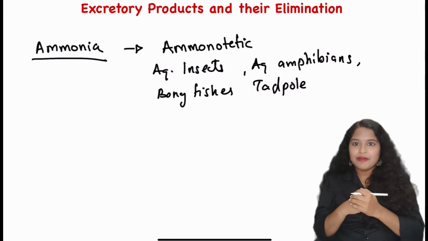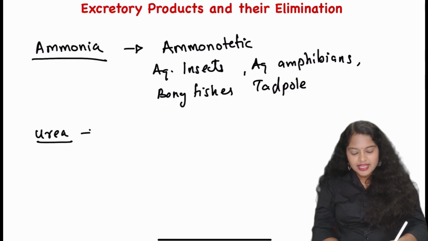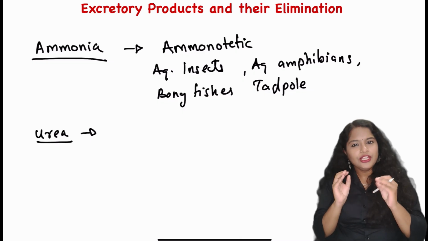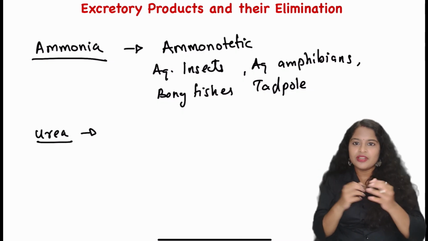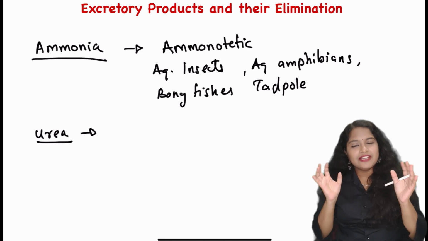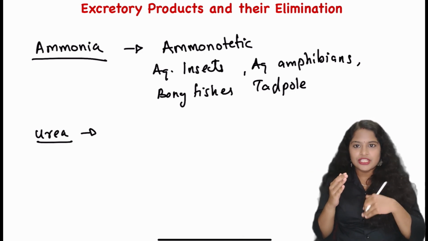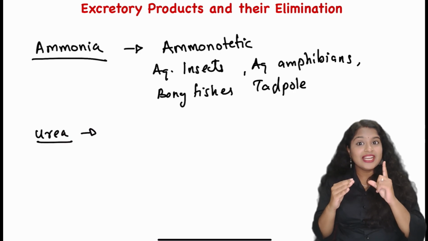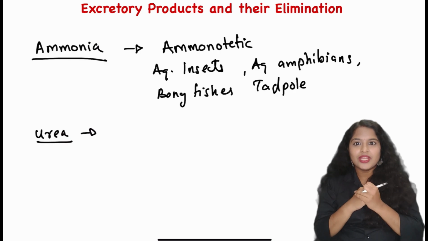Coming to the next type of nitrogenous waste, that is urea. Compared to ammonia, urea is less toxic, having moderate toxicity, so it requires comparatively less water for its elimination. Ammonia is 1 lakh times more toxic than urea. So you can compare the toxicity of ammonia and urea now, right?